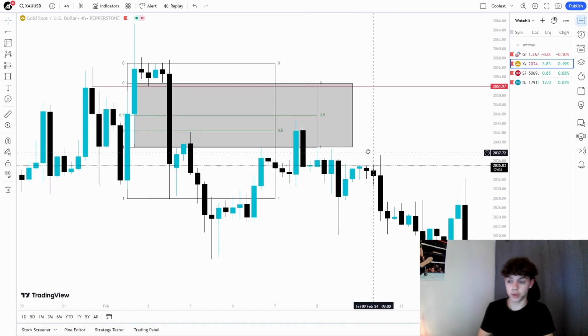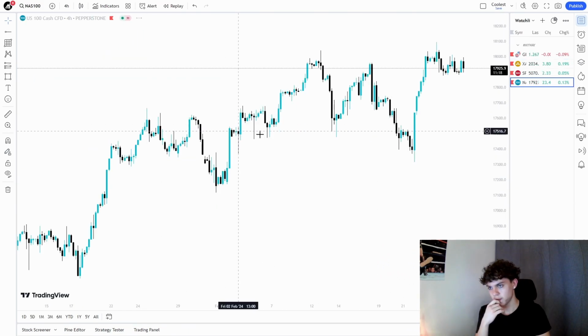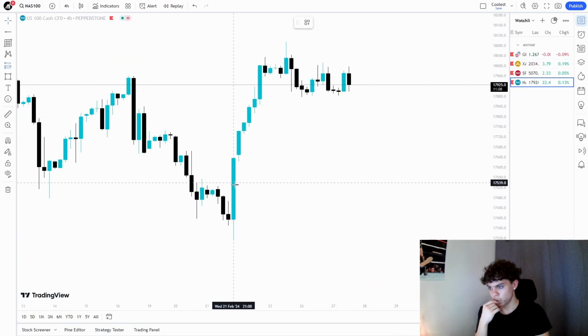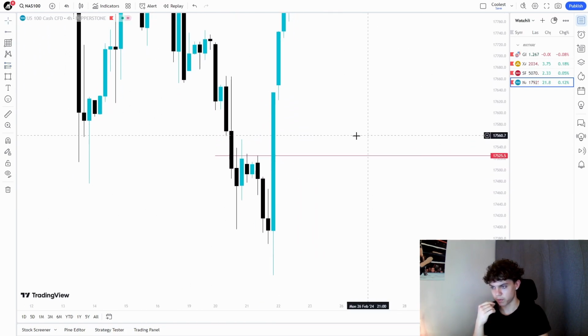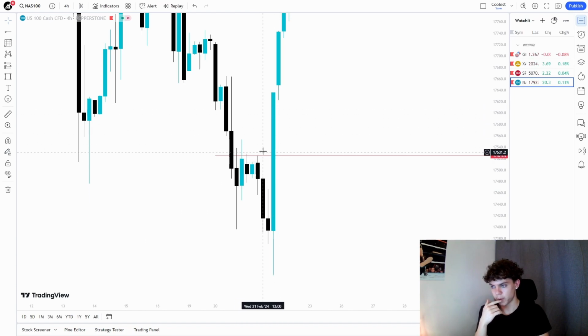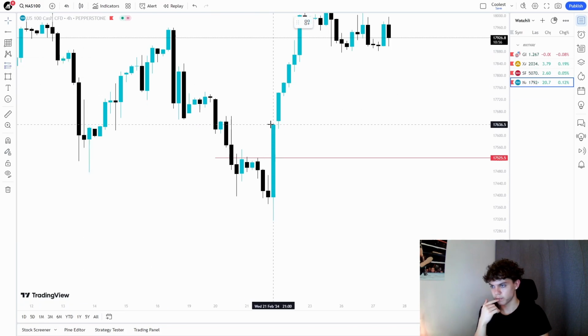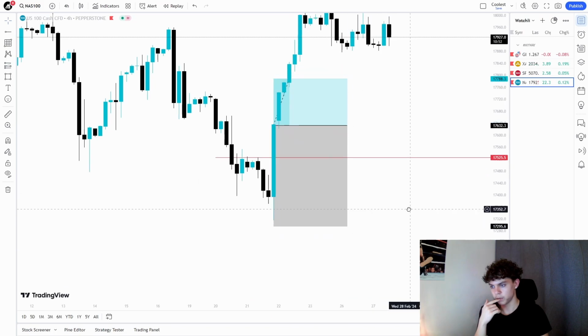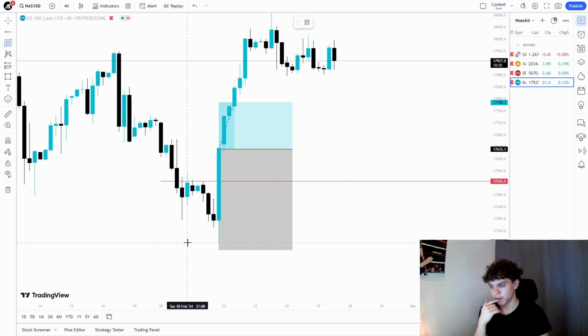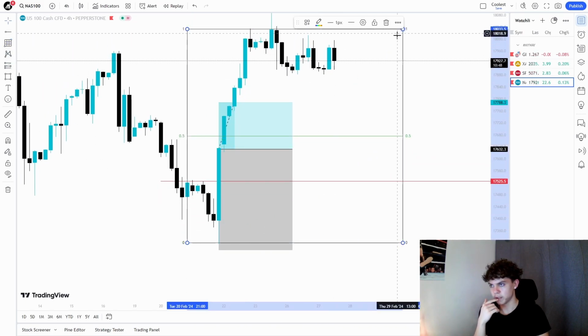It continues in this direction. Let's say on NASDAQ, we broke structure right here. This is a break of structure. High above this high, close above this high. You don't want to enter like this. So what you do, you wait for the equilibrium from this high.